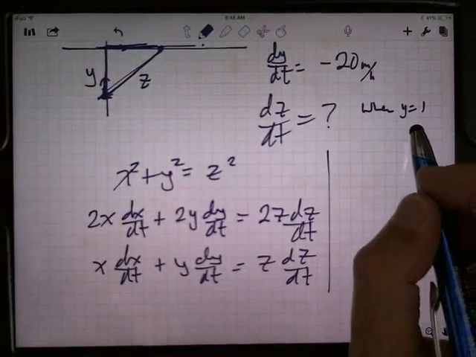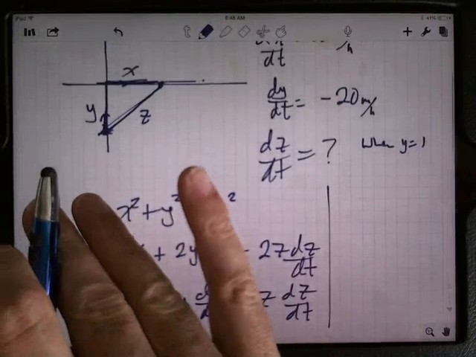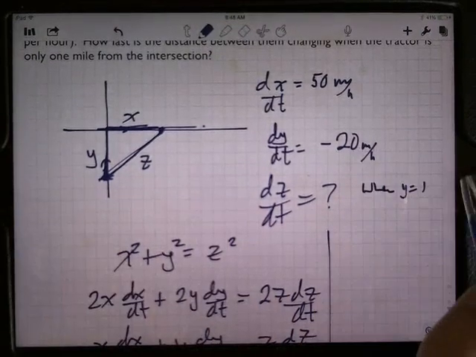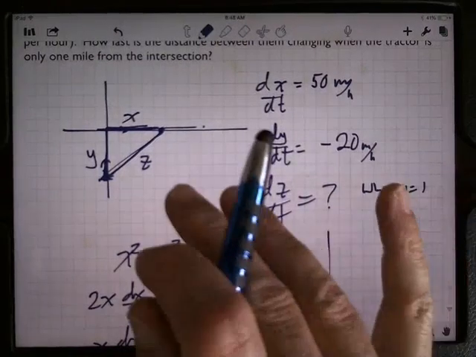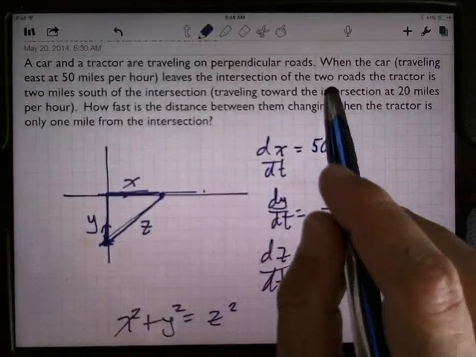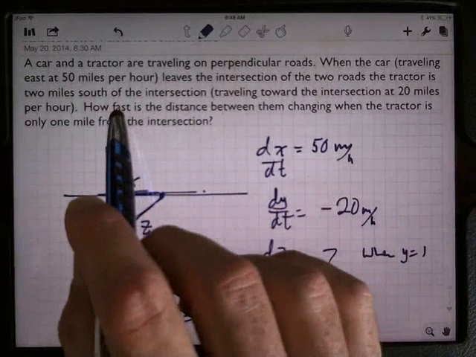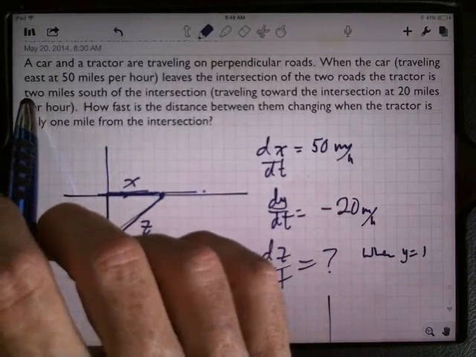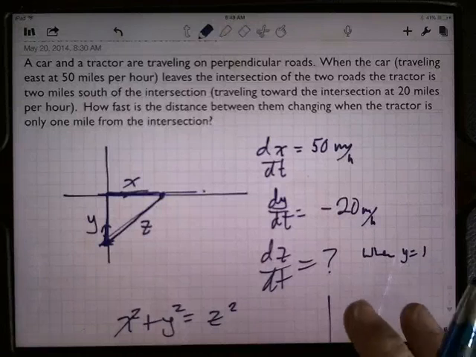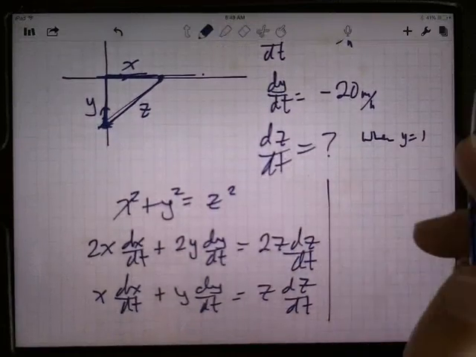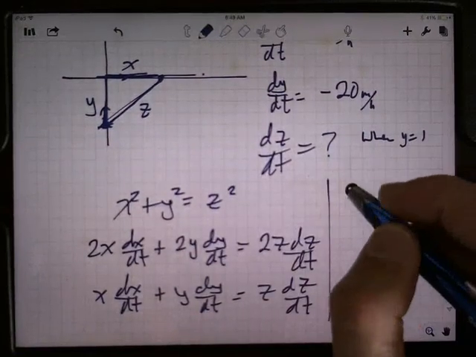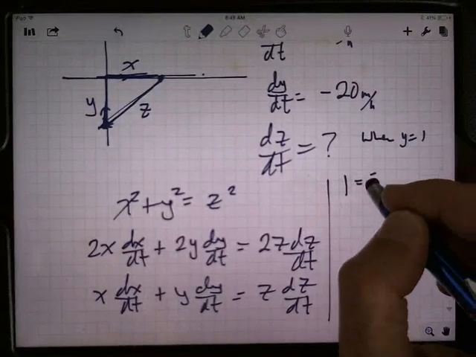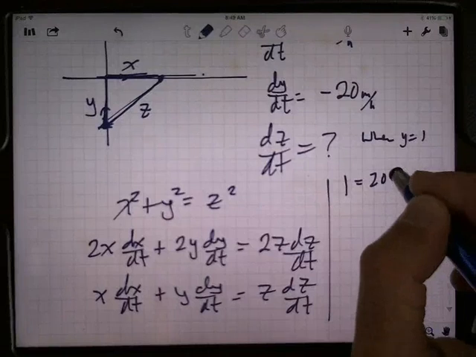When y is 1, we were traveling at 20 miles per hour. The tractor started off 2 miles south of the intersection. I want to know when it's 1 mile south. So it's traveled 1 mile at 20 miles an hour. How long does that take? So 1 mile equals rate times time, so 20 times t.